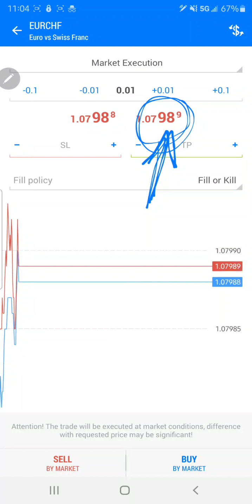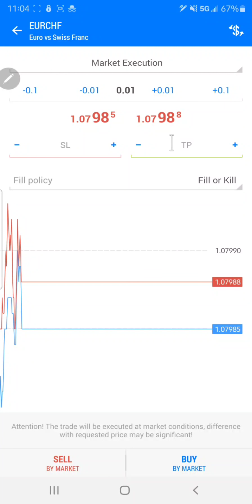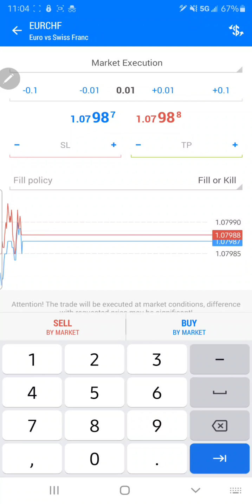And once I get done, I'll show you the principle behind why you choose one number or the other. So for a buy, I need to find a price that is above 1.0798. So I am going to put in my take profit first, because I know that's my target.